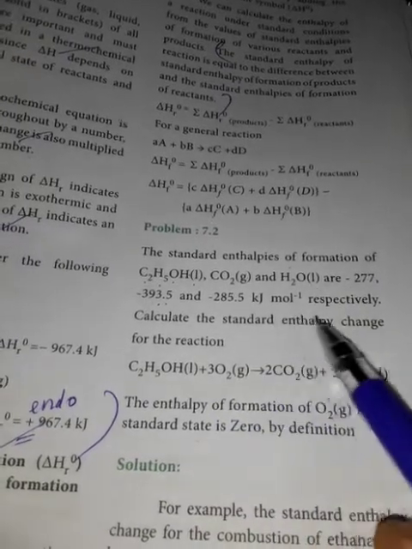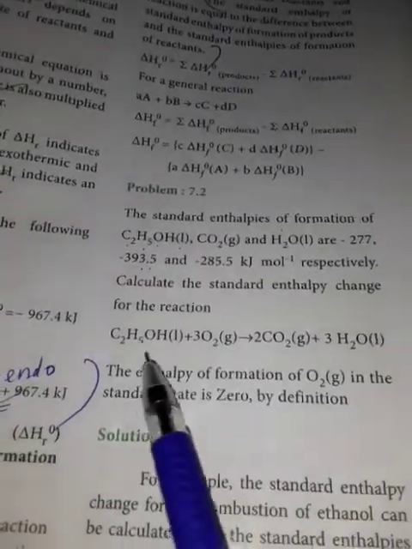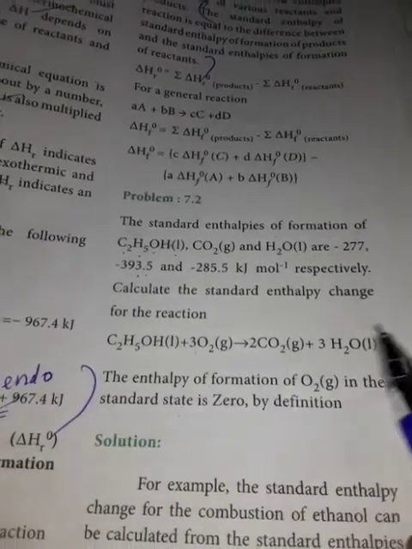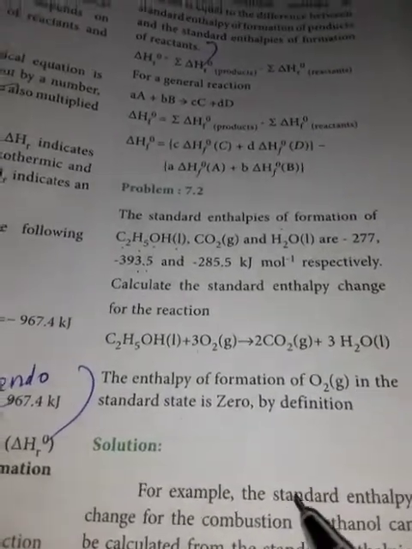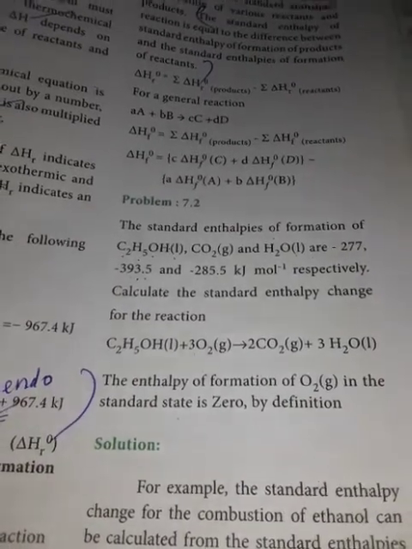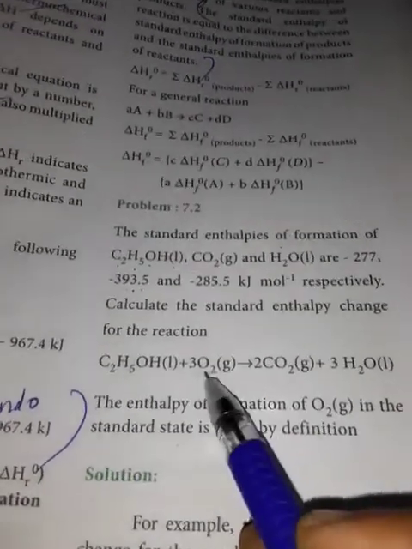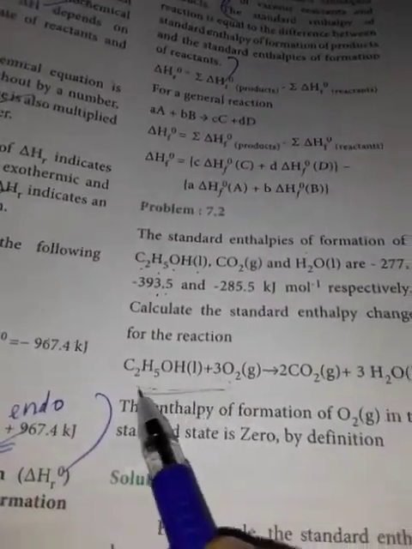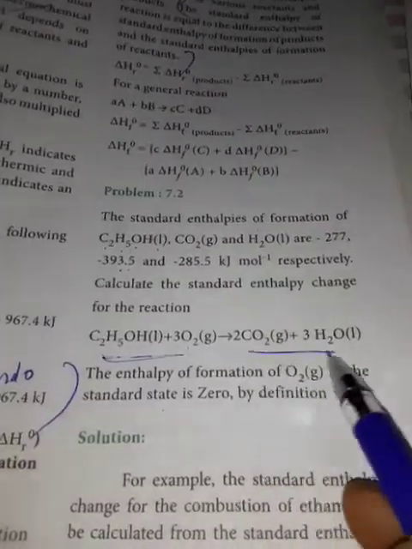Calculate the standard enthalpy change for this reaction. Here the enthalpy change for the formation of O2 is considered as 0. Already I taught that the standard heat of formation of all elements is assigned a value of 0. Now these are the reactants and this is the product.